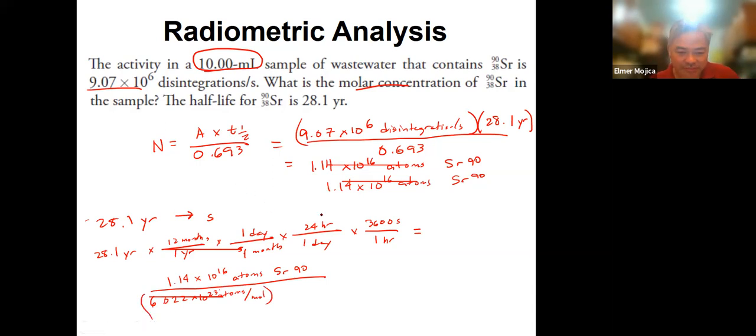So you could see there's a mole there. So you have to convert this to liter. So makukuha mo. Ayan. Strontium 90. So ano nakukuha nyo?